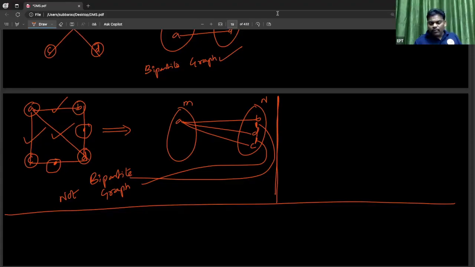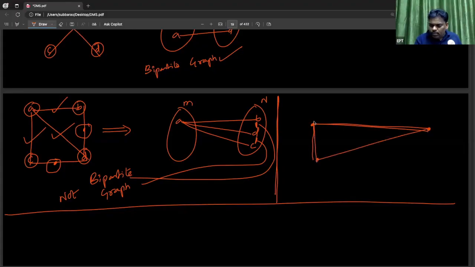In the given graph, is there any odd length cycle? Cycle there, okay, but odd length cycle there? Remember everyone, odd length cycle means almost like this. Can you see this one? 1, 2, 3.